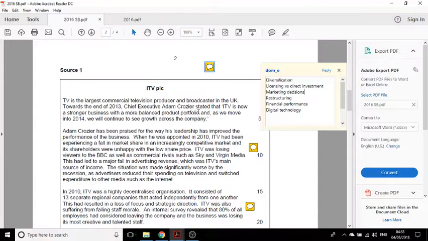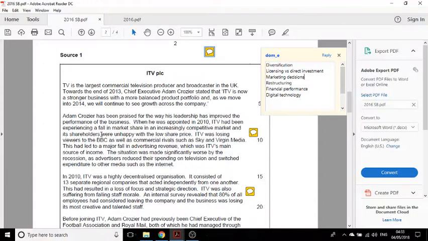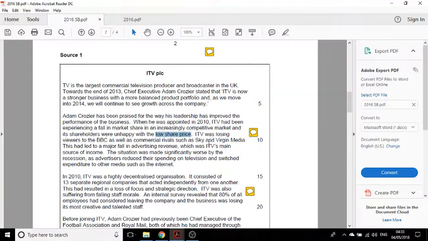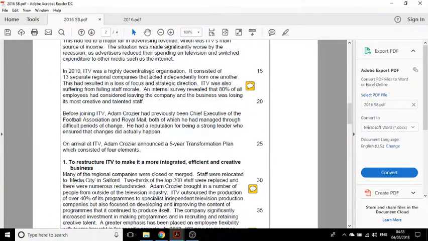And what I'm going to do as I'm going through and reading this, and you can pause it and read the information if you want, but I've got information about the low share price, the advertisers were reducing their spending. This can help me with that question on financial performance.